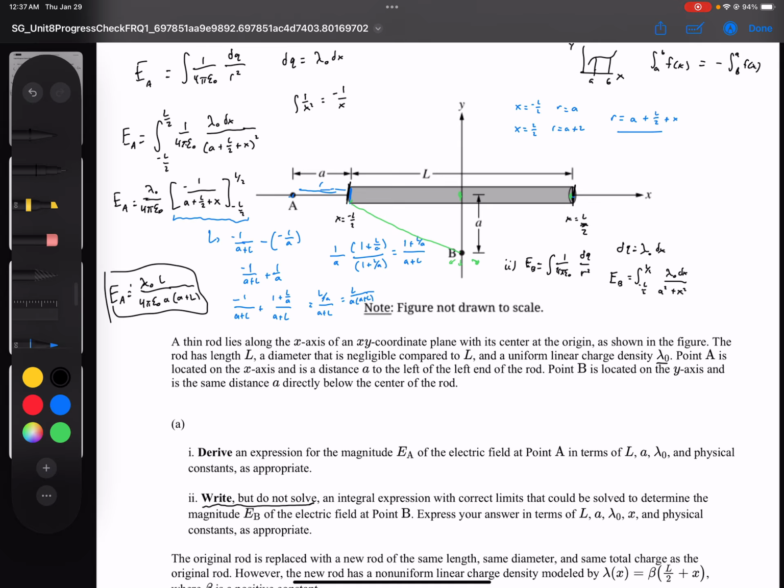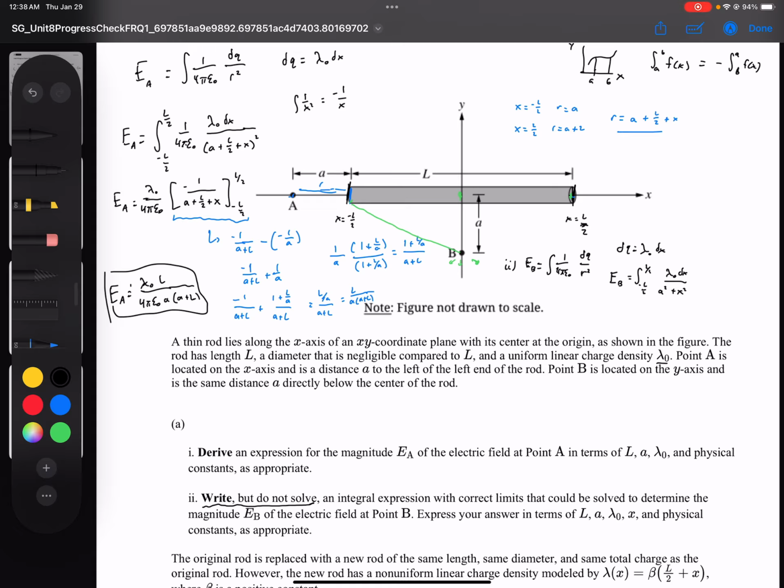Well, let's think. Like we did last time, we looked at our bounds of integration and asked what is the actual distance of each little infinitesimal piece of charge element. Here, we saw the distance was consistently increasing when we did part 1, the electric field for A. Here, the distance starts off as far away as it can be from point B, then it goes to the middle, where it's a distance a away at x equals 0.